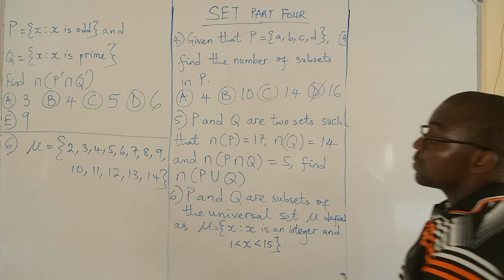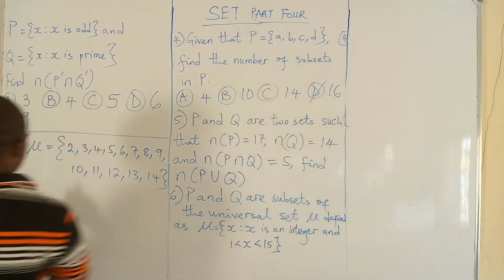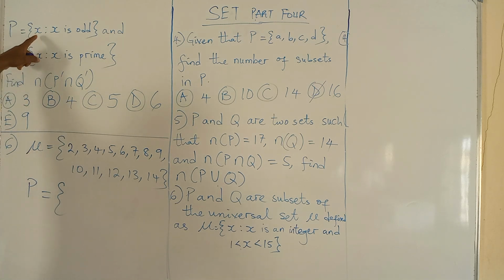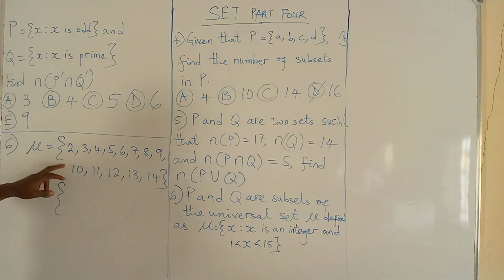All right. And then P is a set of x such that x is an odd number. Remember, the universal set is a background set upon which elements of all other sets can be derived, which means elements of set P and set Q are gotten from the universal set.